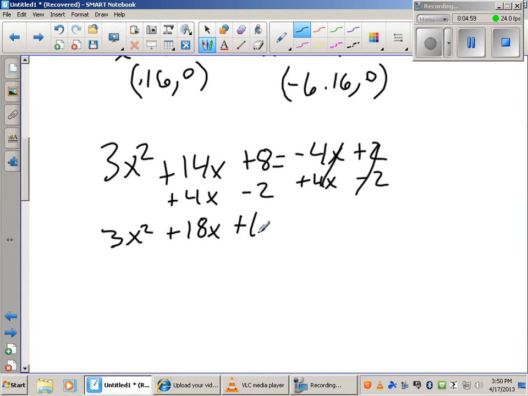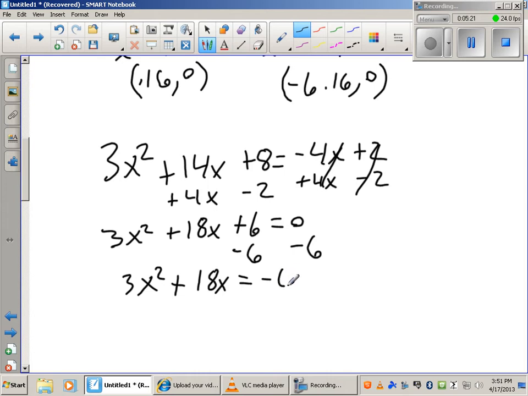Now we want to get rid of this c term, which is a positive 6, so we're going to subtract 6, so 3x squared plus 18x equals negative 6.